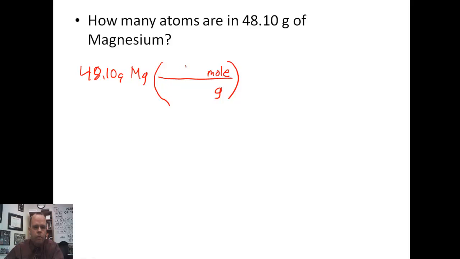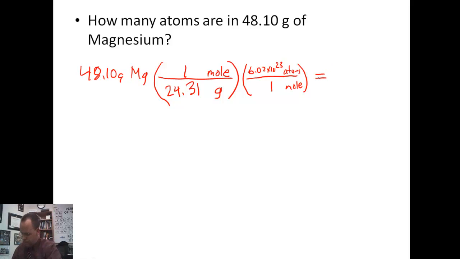So we're going to go from grams to moles. 1 mole of magnesium is 24.31 grams. Then, once we have moles, we can convert 1 mole into atoms. And we remember from Avogadro's number, there are 6.02 times 10 to the 23rd atoms in a mole.